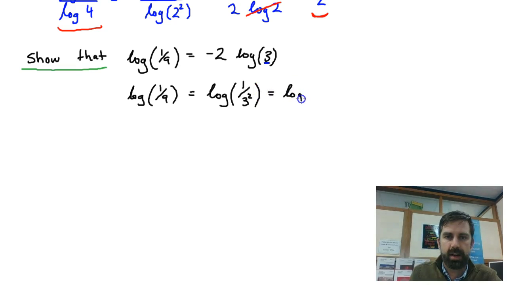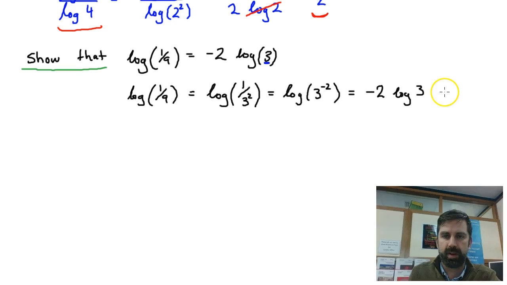And another way of writing 1 over 3 squared is log of 3 to the power negative 2. And then based on our log law, we know that we can bring that power out the front. So that becomes negative 2 log 3, which is the right-hand side. So we can give ourselves a tick because we've shown what we were trying to show.